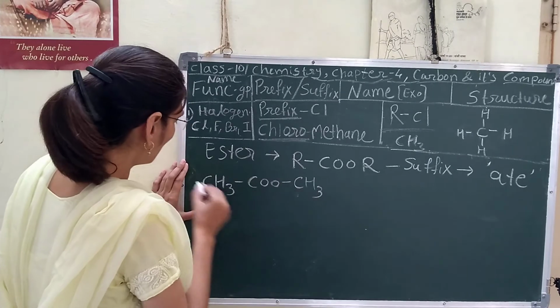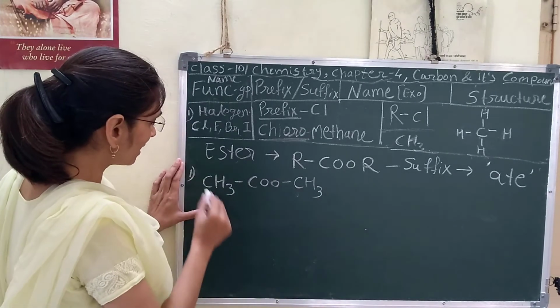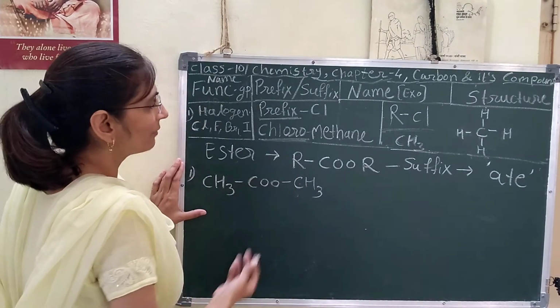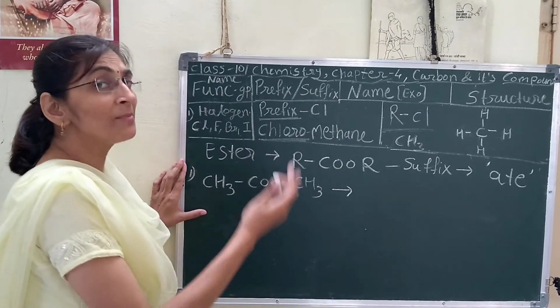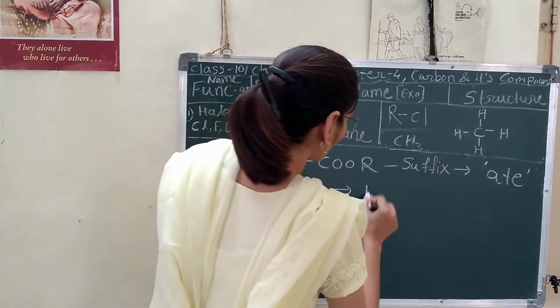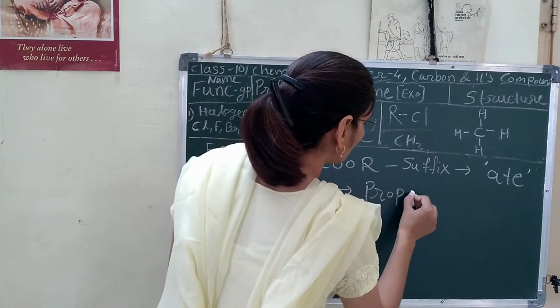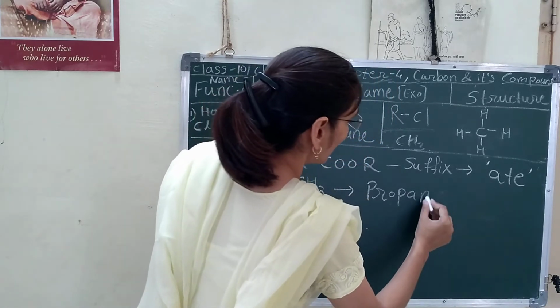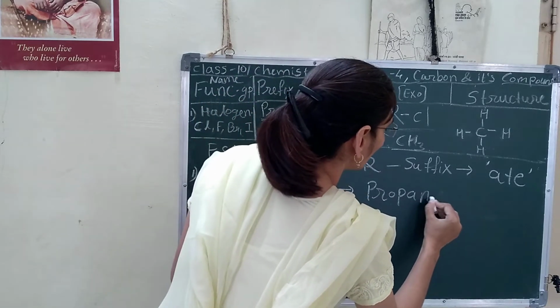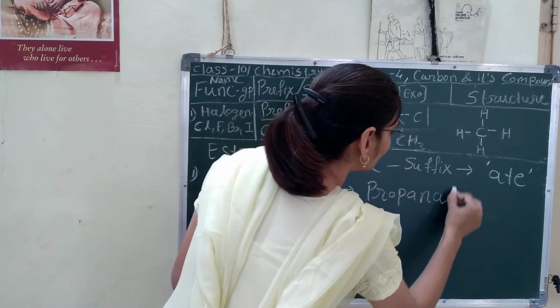So how many total carbon atoms? 1, 2 and 3. What will be the name? 3 carbon atoms, prop. So propane. Here E I will replace by the suffix ate, propanoate.